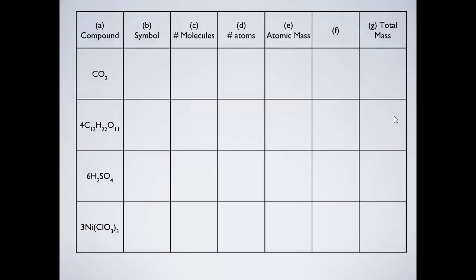Carbon dioxide, another simple example. What do we have? 2 elements. Carbon and oxygen. Number of molecules. 1. Number of atoms. 1 and 2. Mass of carbon. 12.